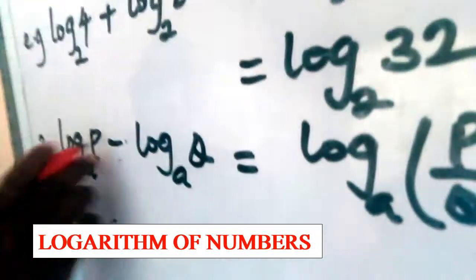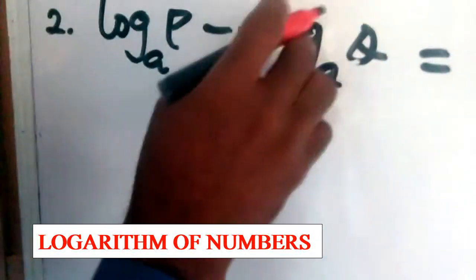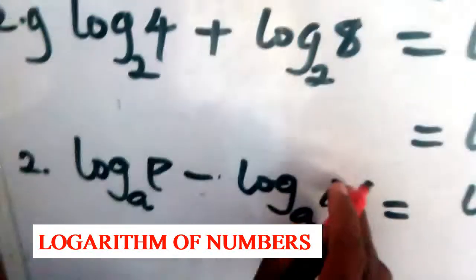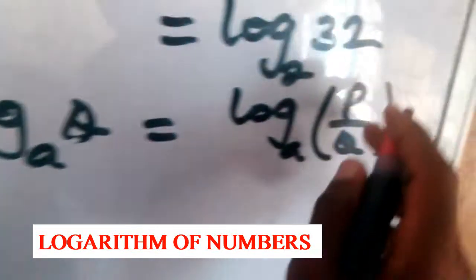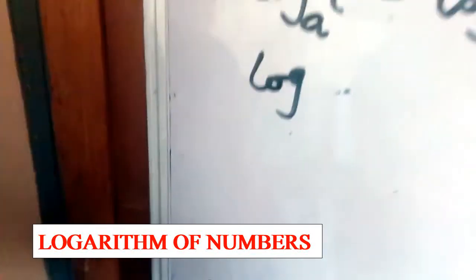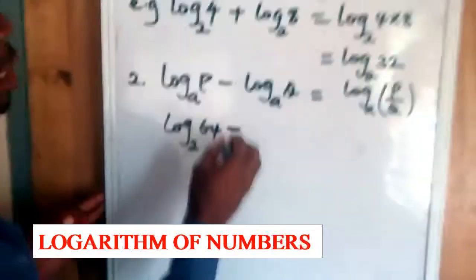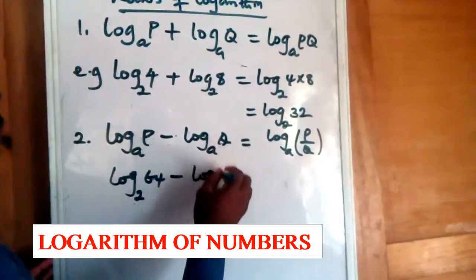So log p base a minus log q base a, if the operation is minus, is equal to log base a of p over q.